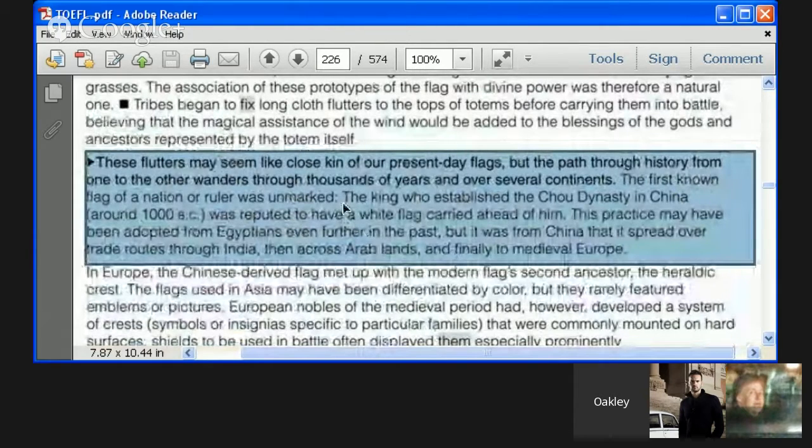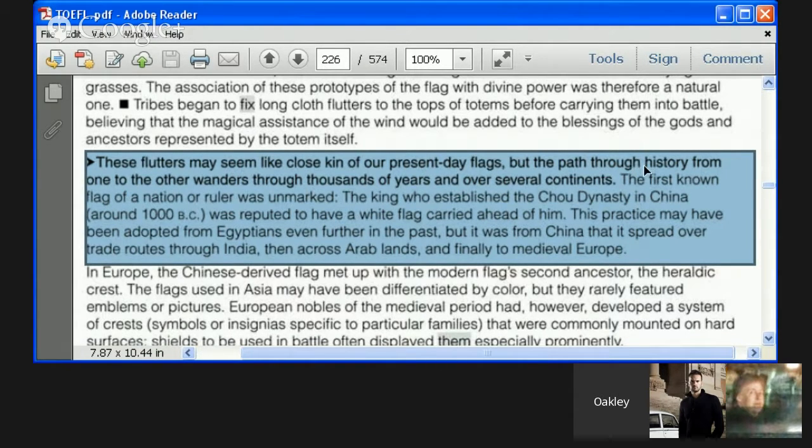Giovanni, how about the next one? These fluttering flags may seem like the loose skin of our present-day flags, but they passed through history from one culture to another, wandering through thousands of years and over several continents. The first national flag was a mark the king established, carried in the practice maybe by Egyptian porters in China.